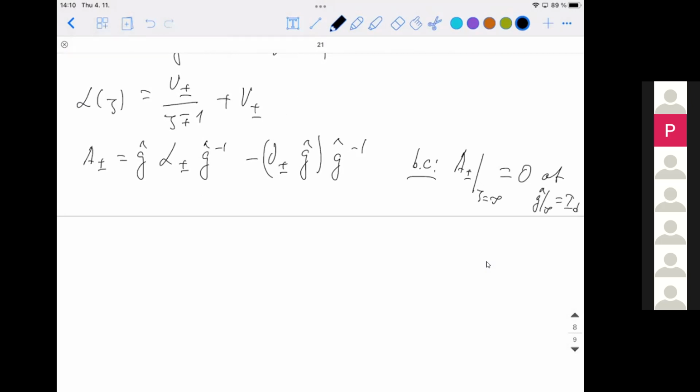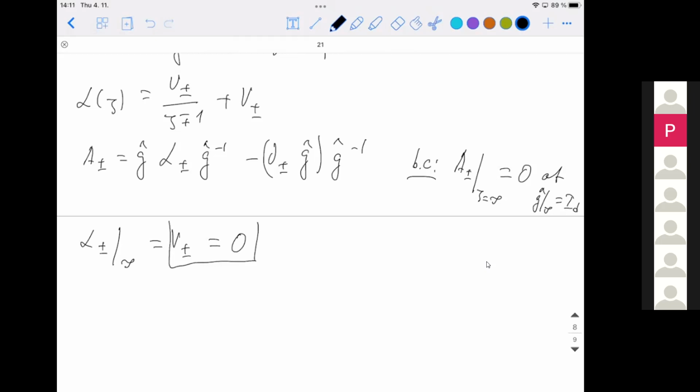So we impose this boundary condition, then that will produce for us L plus minus at infinity to be equal to phi plus minus, which is 0.